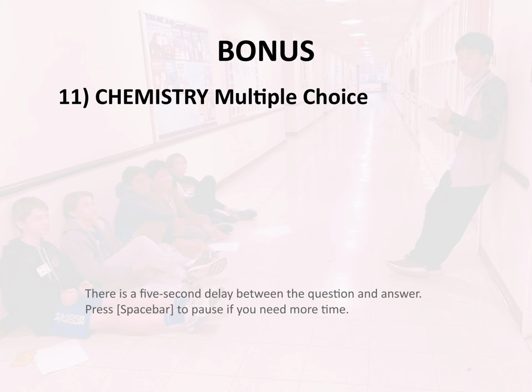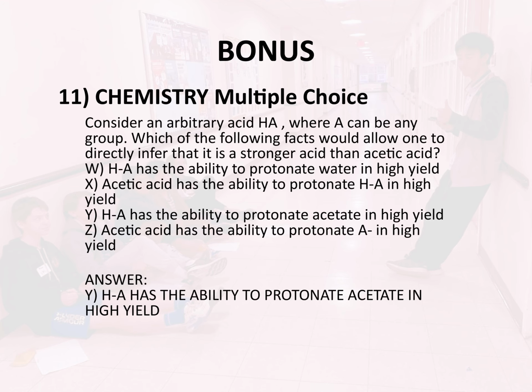X. Acetic acid has the ability to protonate HA in high yield. Y. HA has the ability to protonate acetate in high yield. Z. Acetic acid has the ability to protonate A in high yield. Answer. Y. HA has the ability to protonate acetate in high yield.